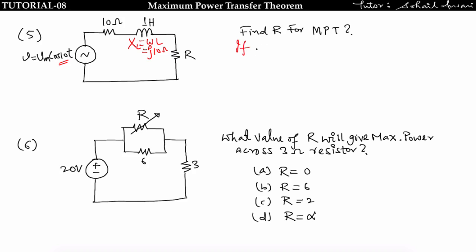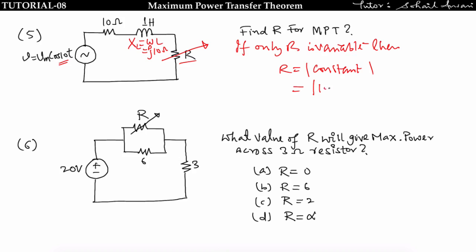If only R is variable, here since only R is connected, this is variable, then R is equal to mod of constant, mod of 10 plus J10, which is equal to 10 root 2 ohm.